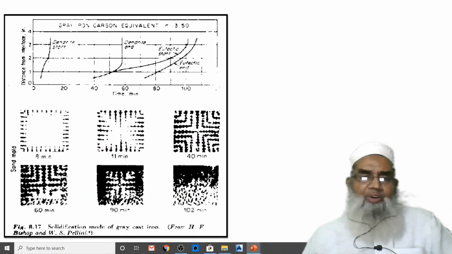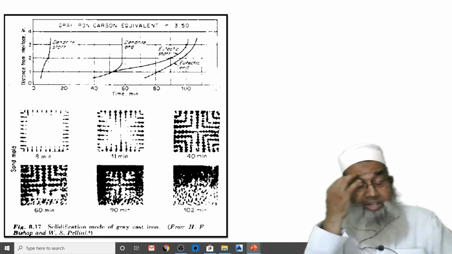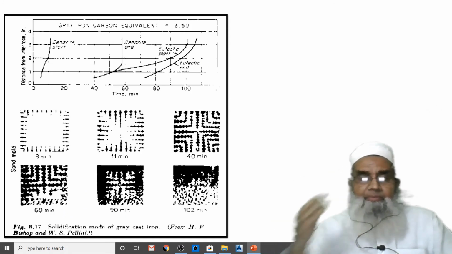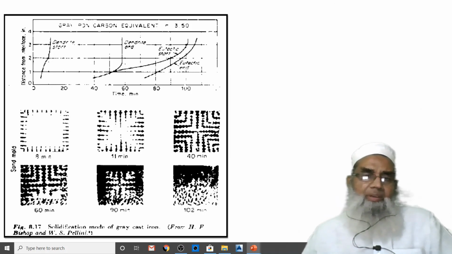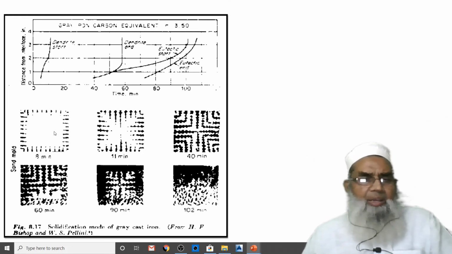Now, if you look into the formation of the dendrites in the mold, after 8 minutes we have this shape. Now, after 11 minutes, further growth has taken place towards the center of the cavity.